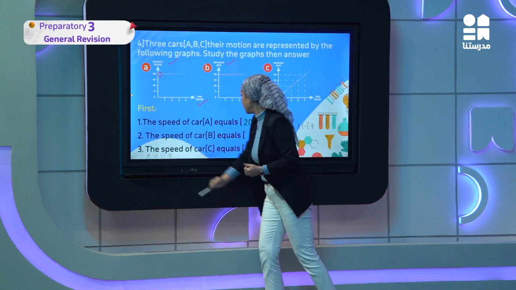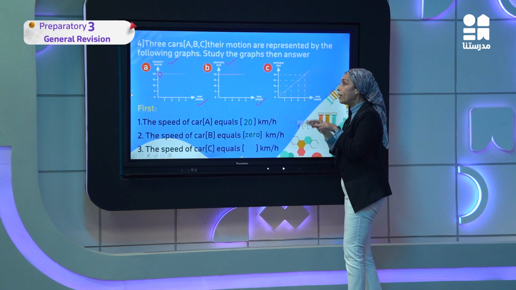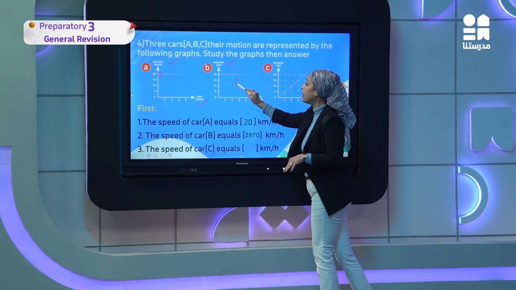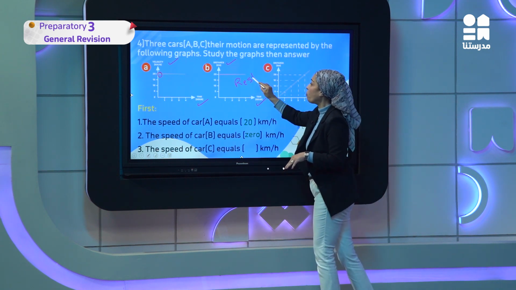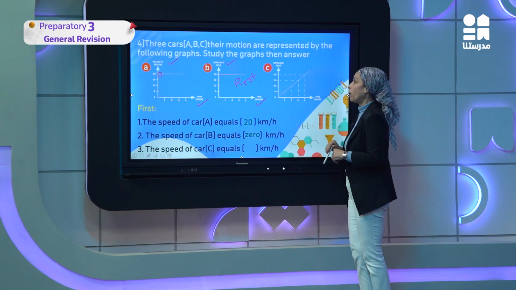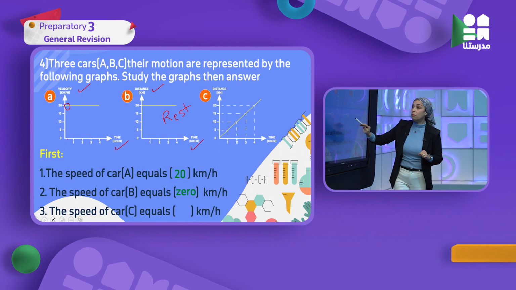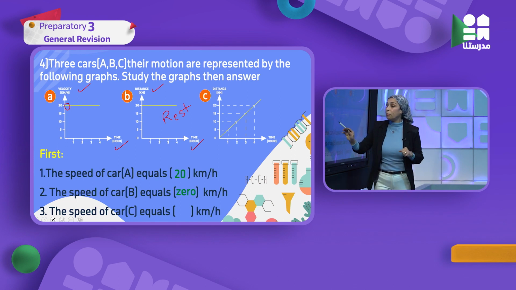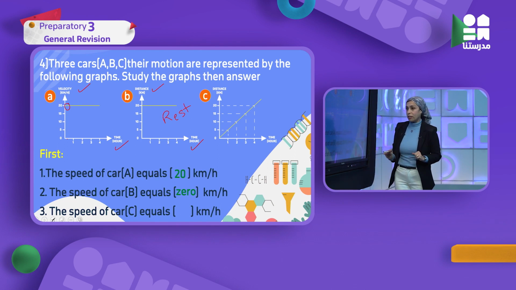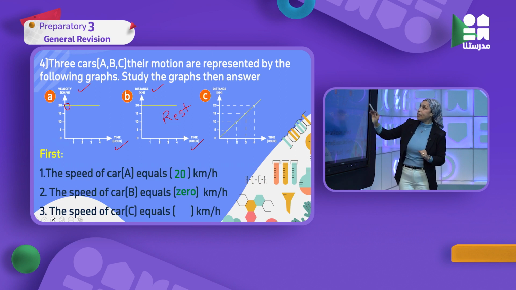But the speed of this car is 0. Someone may say they look the same. No, of course not. Here the car, the body, is at rest. A standing car. 0. Okay? Why? Because this is distance and time, whereas the other was velocity and time, so it's talking about something else entirely.